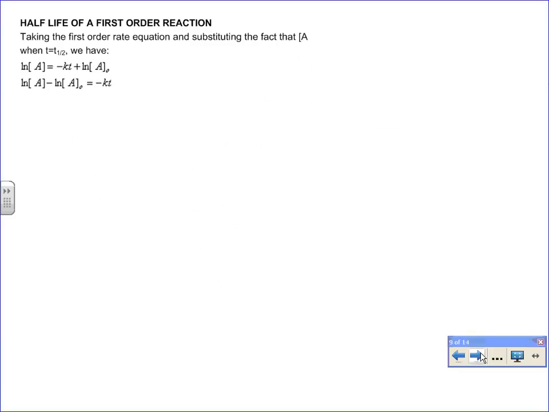For a first order reaction, the linear relationship comes from ln of concentration versus time, and it's got a negative slope of k. So this is the equation of that line. Rearranging that to ln A minus ln A naught is equal to negative kT is what we did in the first step.